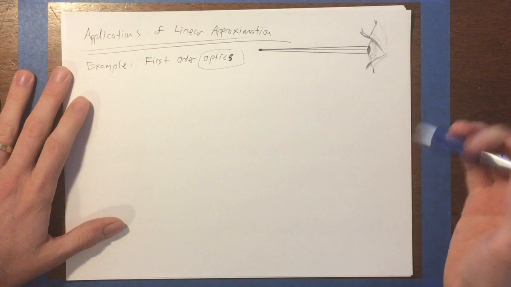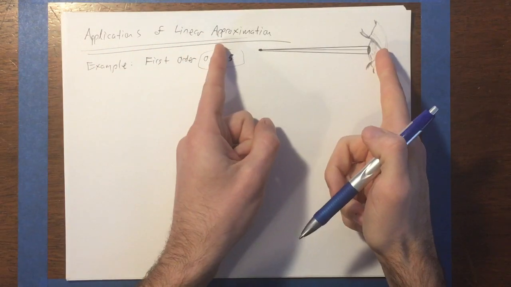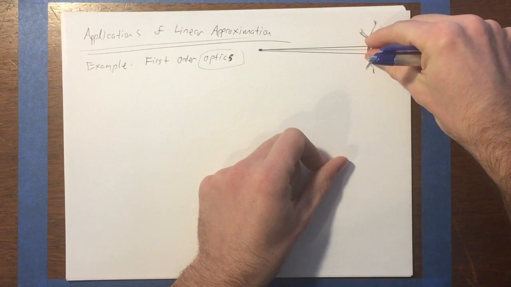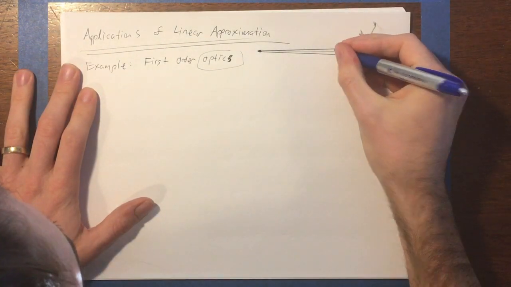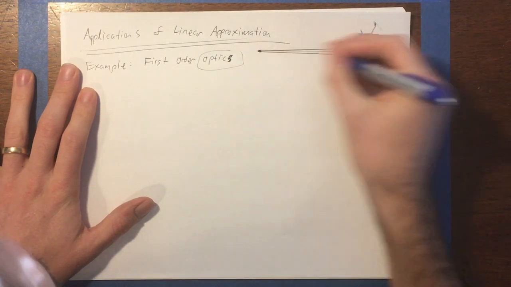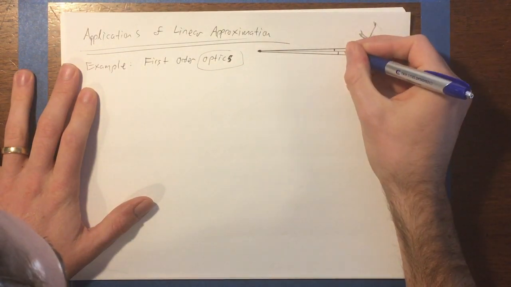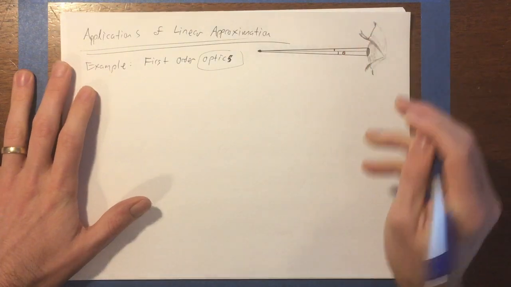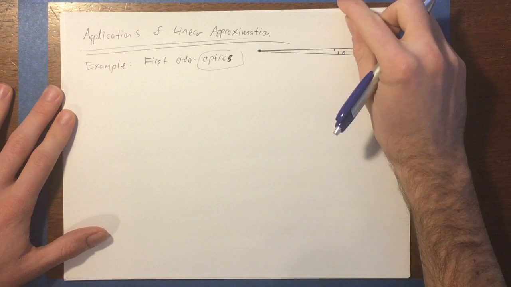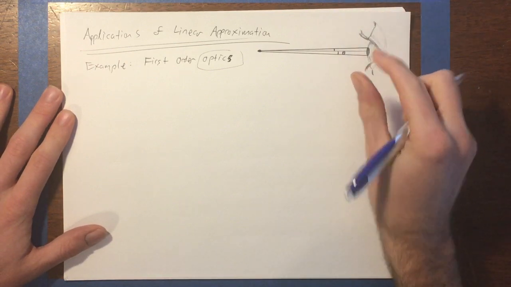However, because this distance is very large and the height of your pupil is comparatively very small, the angle at play here, whether above or below horizontal, let's call that theta, is very small. It's close to zero, possibly positive or negative, but close to zero.